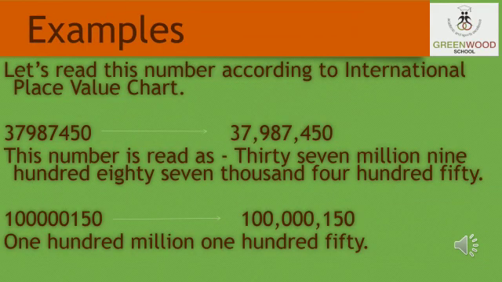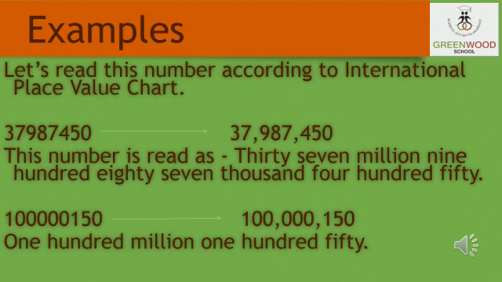Let's see an example. Read this number according to the International Place Value Chart. First step, differentiate periods by placing commas in between. But here you have to remember, commas are placed after every 3 digits. Now count with me from the right hand side.